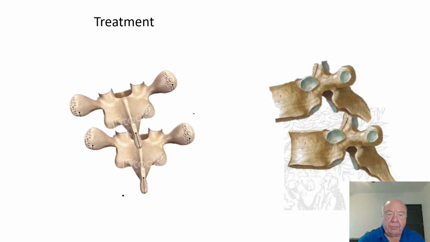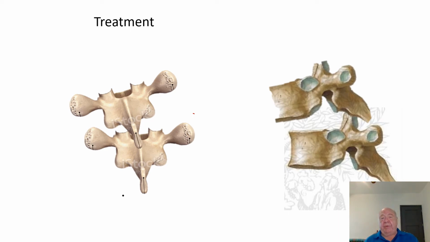Okay, so we've looked at treatment for the translational subluxation, and basically we could do a lift or a drop technique. So if we were doing a lift technique, we would basically fix the lower vertebra and lift the superior vertebra. So you bring it up, let it go, and the thing generally does what you want it to do.